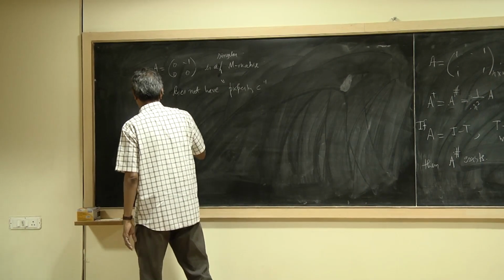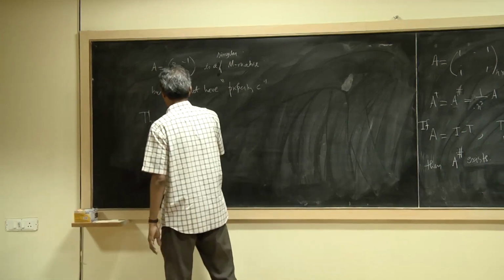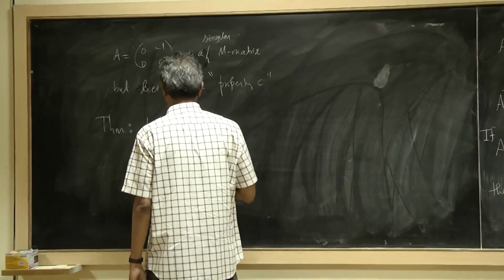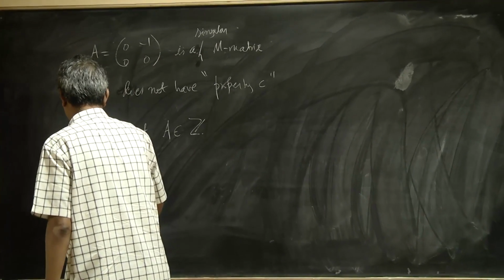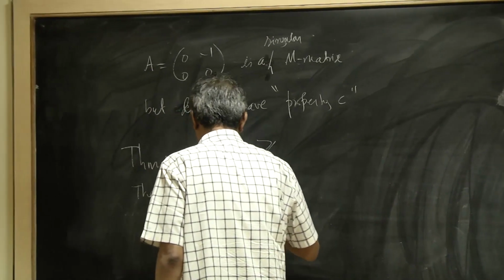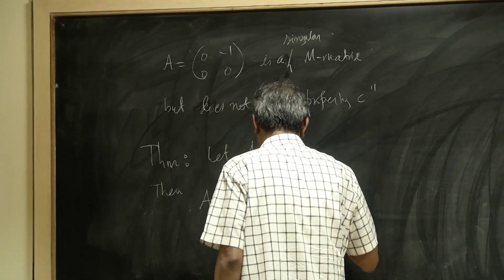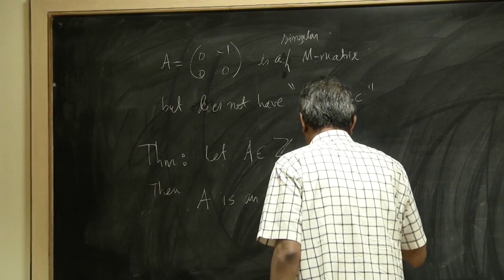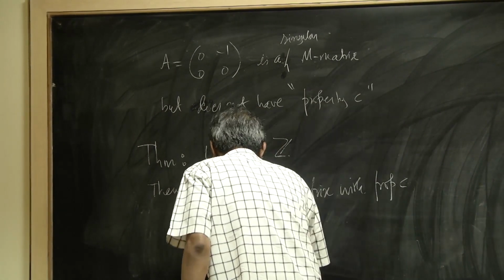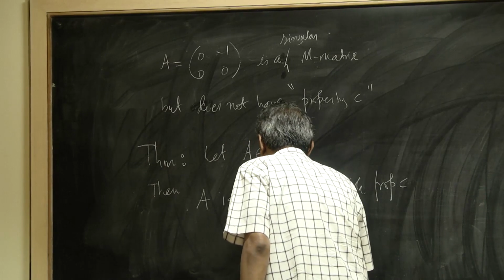I should probably stop here. Let A be a Z matrix. Then A is an M matrix with the property C if and only if the group inverse exists.